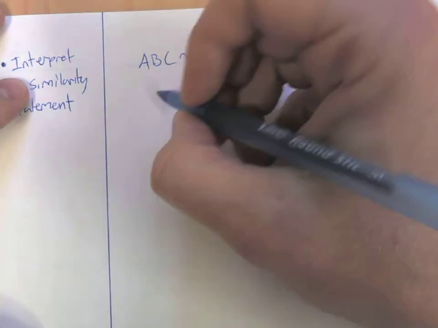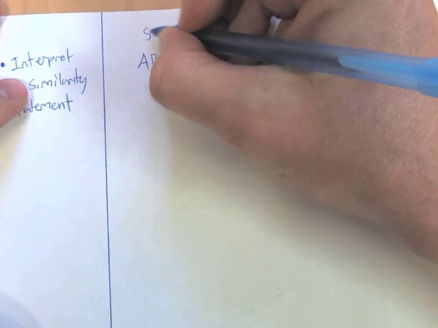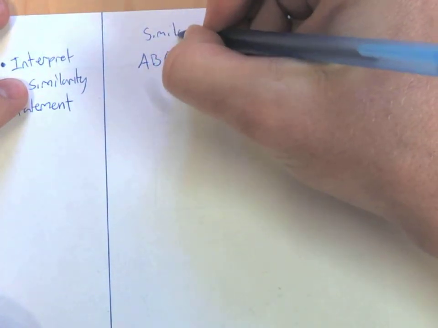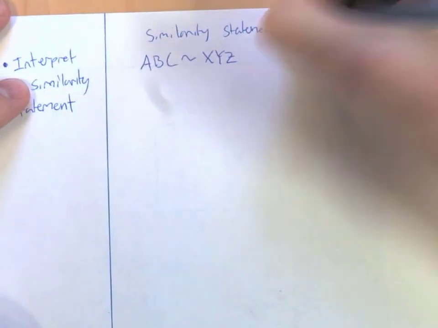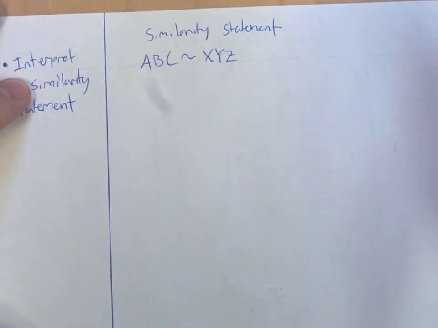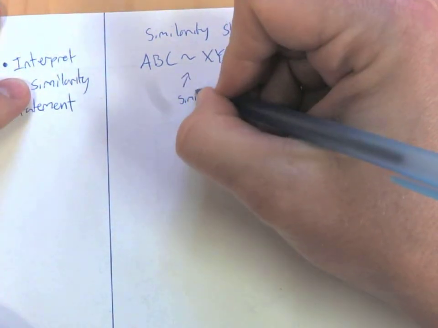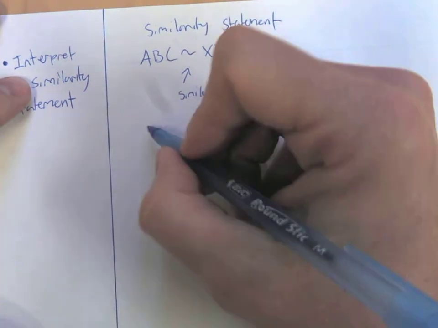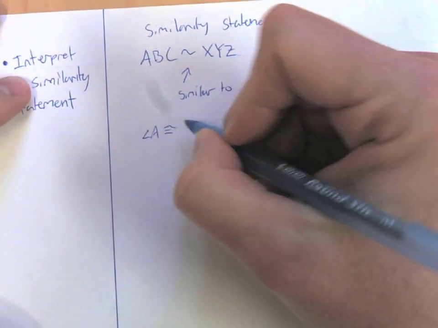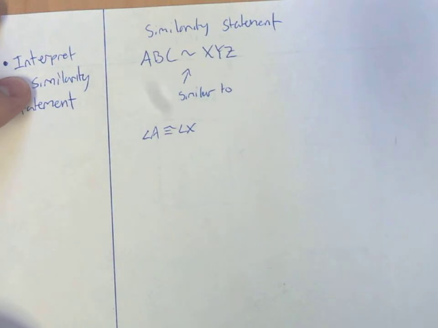Okay, so what we know from here is if we have this similarity statement, we'll kind of label that similarity statement. Okay, ABC, sorry, not congruent to, similar to. Okay, then let's line up the angles. Okay, we know that angle A is congruent to angle X. Not similar. We don't say that an angle is similar to another angle.